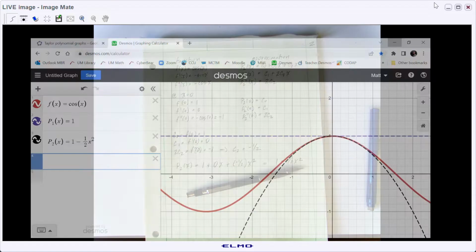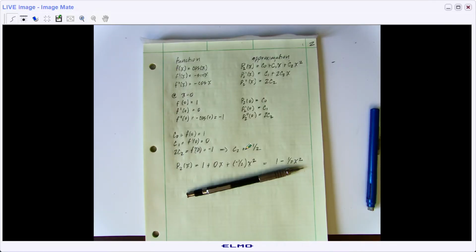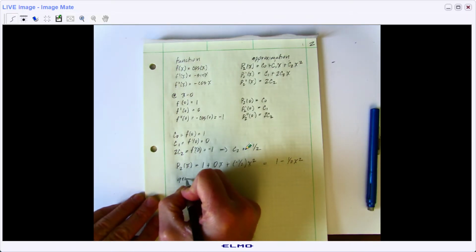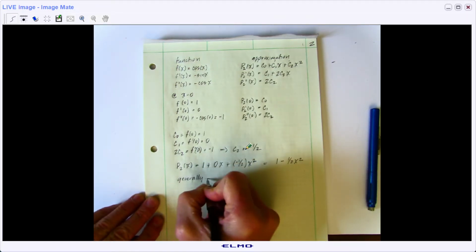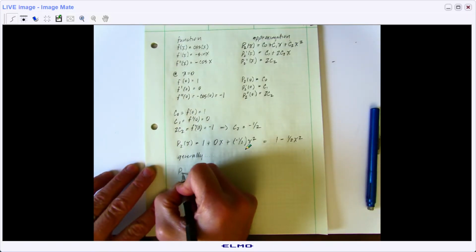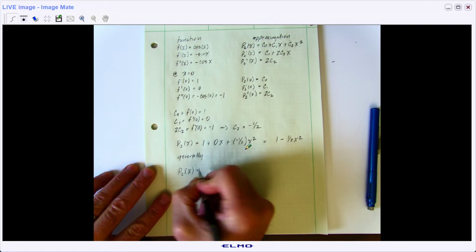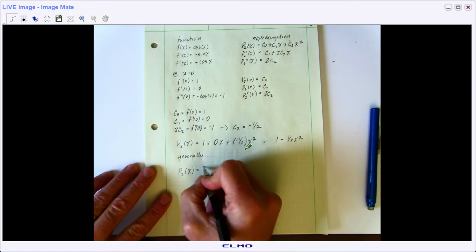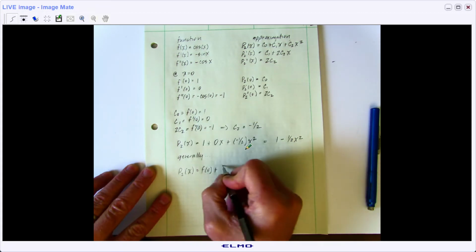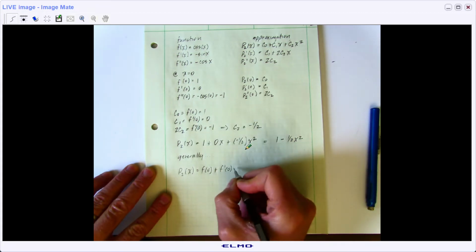Let's minimize this and talk about what happened here generally. So generally what happened here is we got P2 of x equal to, well, the 1 was the same as f of 0. The 0 was the same as the f prime of 0 times x.